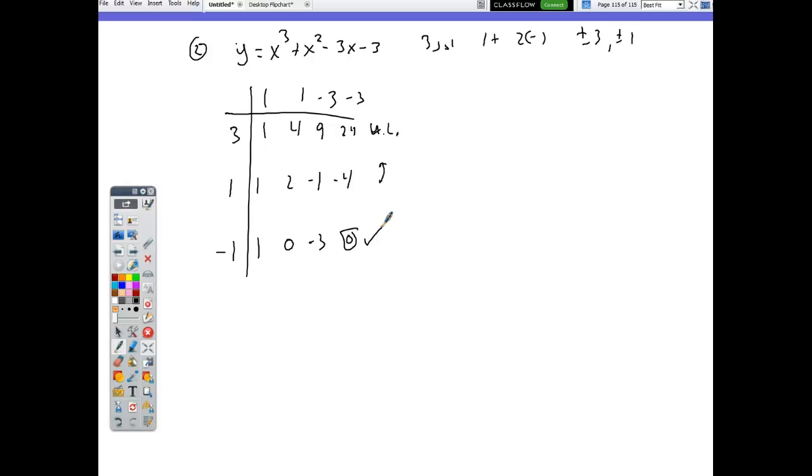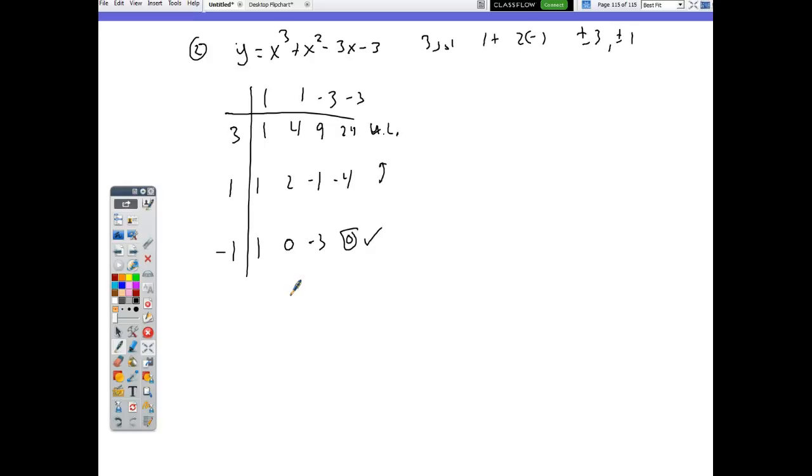Yes, sir. I'm going to write out the equation with the x plus 1 factored out. Aha. Write x squared minus 3. Most of you have forgotten that what we're doing here is synthetic division, right? If that's the case, then this is the other factor, isn't it?